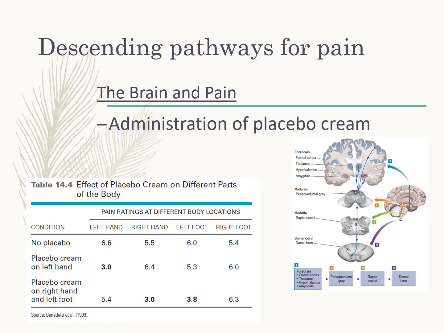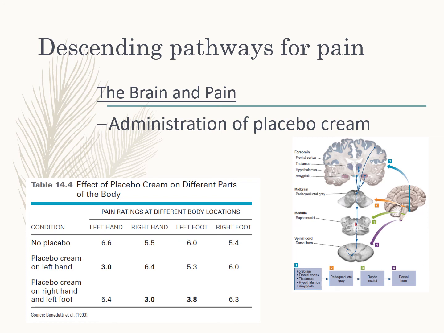This was done by Benedetti and his colleagues back in 1999. And I had an aha moment. I'm sharing these descending pathways of pain here, again, from another book. You don't need to know them, but just so I can talk about my aha moment in this very excited way.